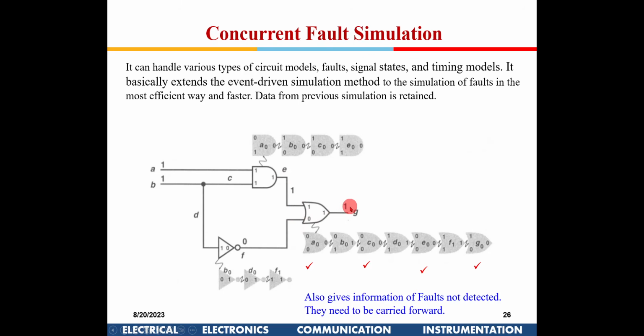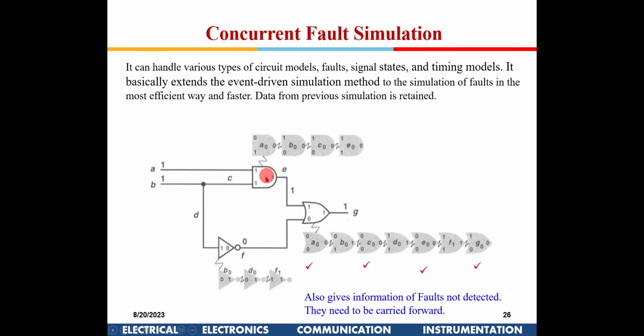Okay, since the result we got is different from the fault free operation, it will mark that the fault A0, the A stuck at 0, has already been detected. Okay, that is the second run.